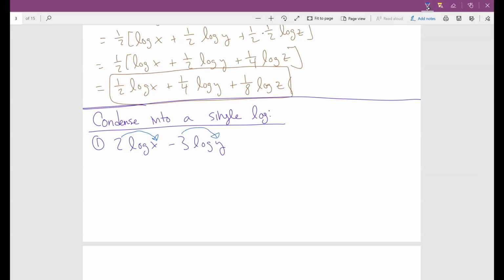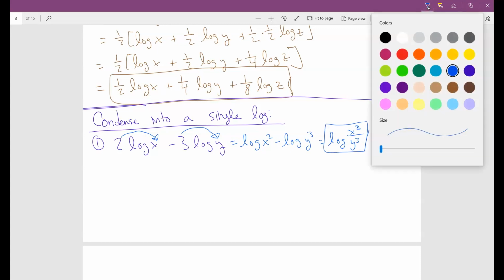You want to have a single log by itself. So now this is going to be log x squared minus log y cubed. And now notice how you see a minus. So that's going to be log x squared over y cubed. So you're basically just doing the opposite.